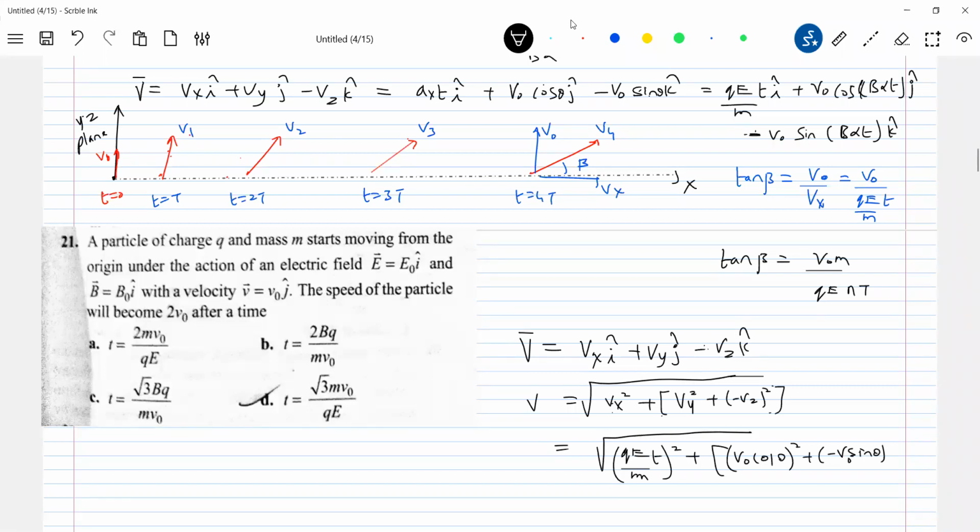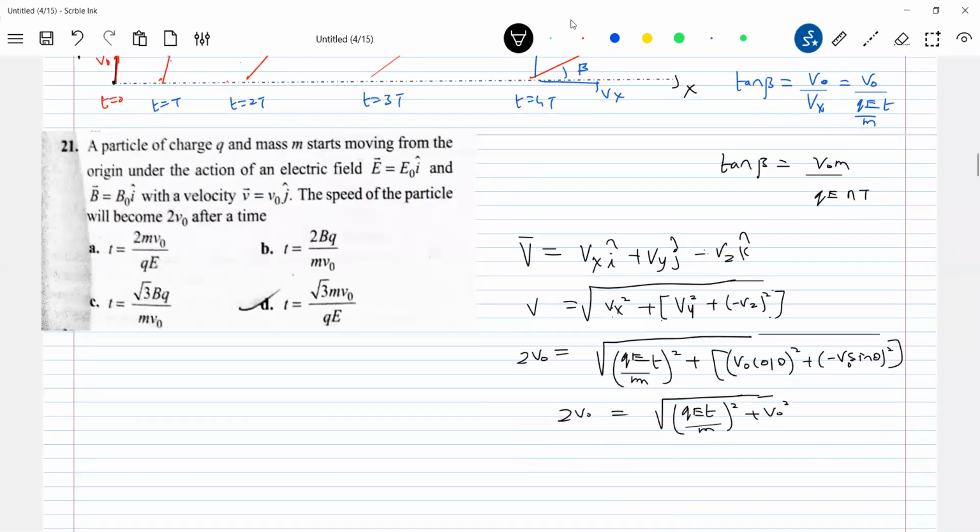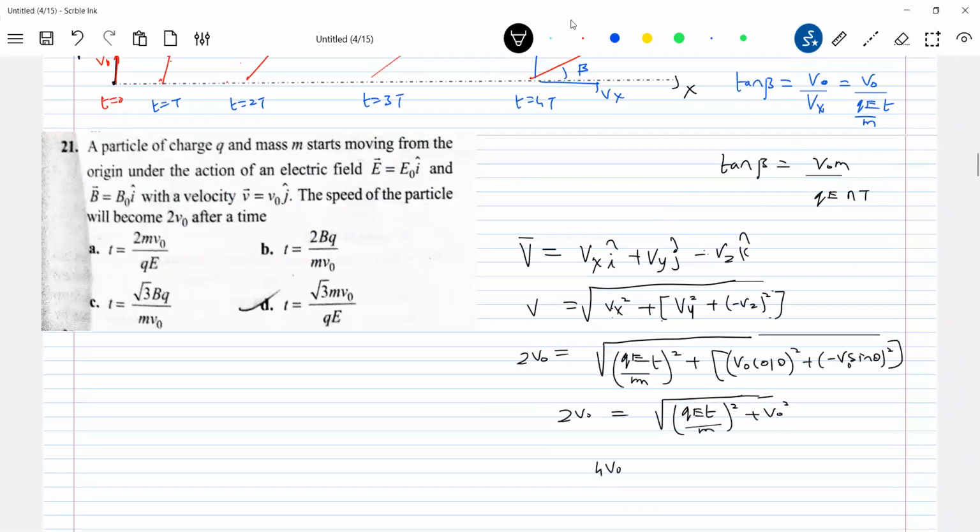So the square bracket term will become equal to V naught square. Now what was the question given to us? After what time will it become 2 V naught? Squaring on both sides, 4 V naught square equals the expression with QE T by m. Solving this, we'll get this equation, T is equal to.